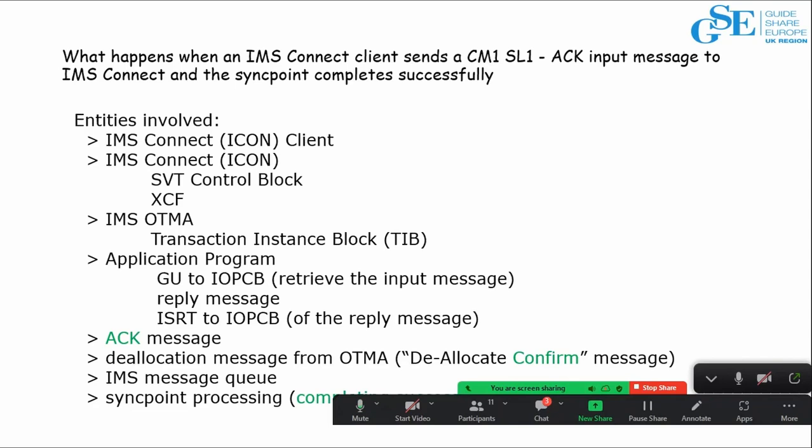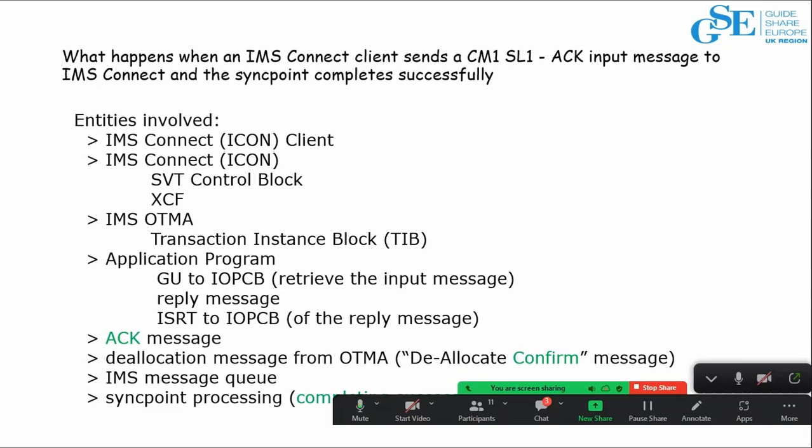Now, whatever I've talked about till this point, the flow is the same for two scenarios. The number one scenario is the IMS Connect client has sent a CM1 SL1 input message to IMS Connect, and the IMS Connect client sends an ACK, or a positive acknowledgement.